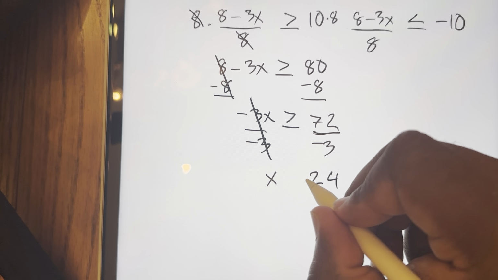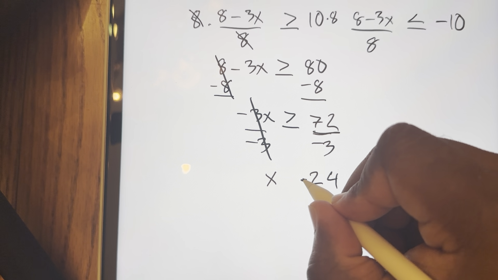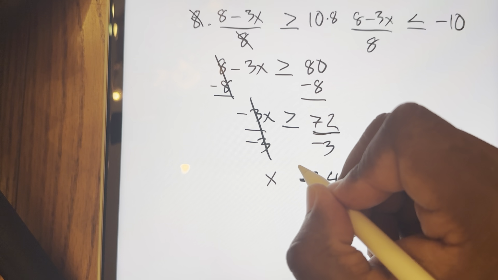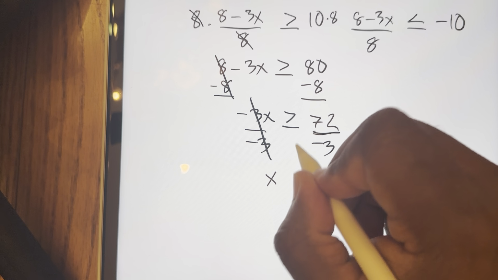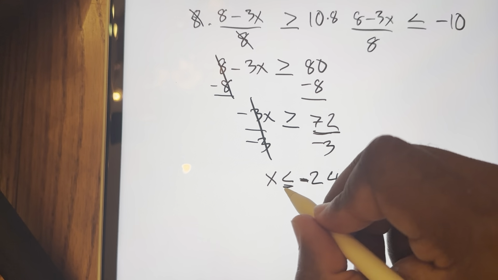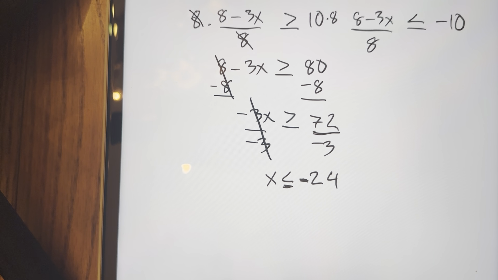I think that sounds about right. Negative 24. And remember what I said, if you multiply or divide across an inequality by a negative number, you have to flip the sign. So this sign now goes from a greater than or equal to a less than or equal to.